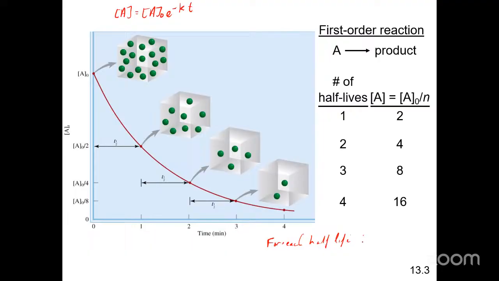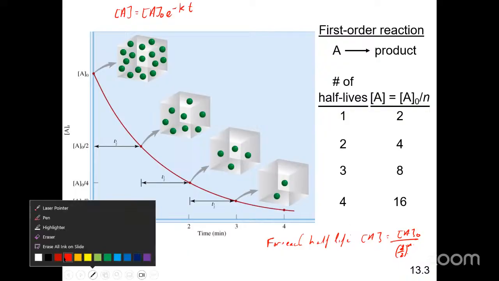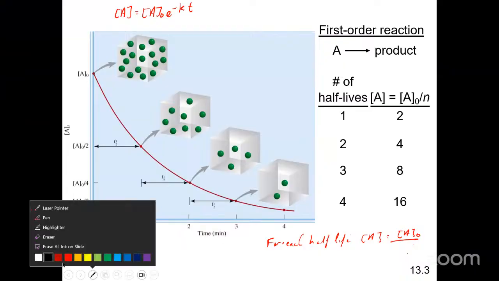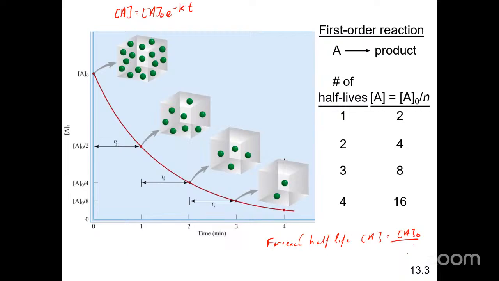How should I write this? The concentration of A will be equal to the initial concentration of A multiplied by half to the n. Half to the n, all right?